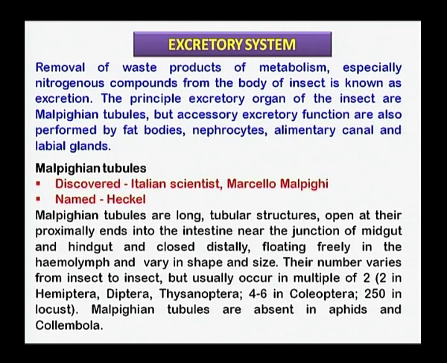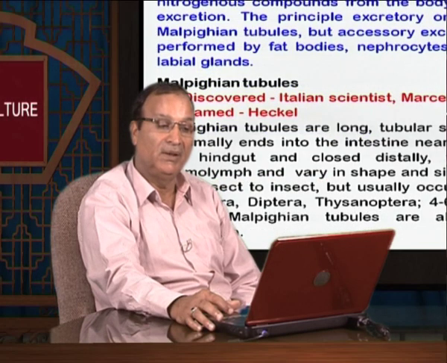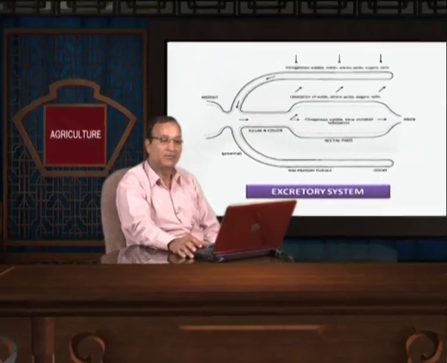But with regards to the Coleoptera, the number is 4 to 6. So, the number varies. But if we talk about the aphids and collembolans, the Malpighian tubules are completely absent.